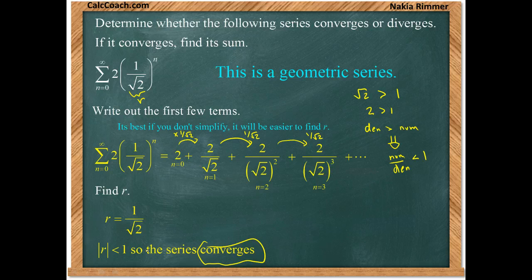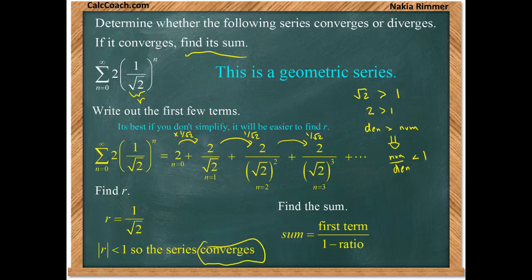Now that we know that, it's our job to figure out what the sum is. When a geometric series converges, we can find exactly what the sum is. And what we find out is that the sum is equal to the first term divided by 1 minus the ratio.